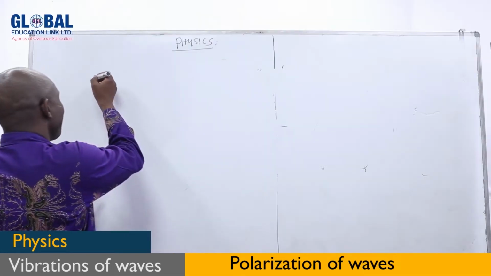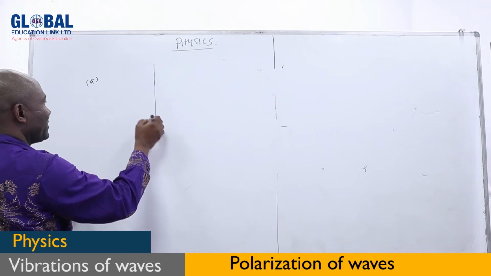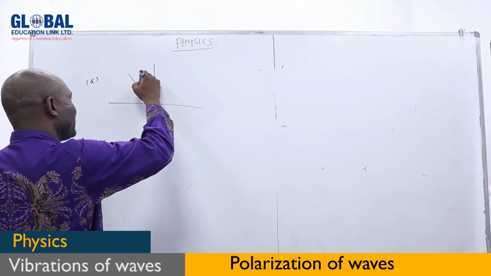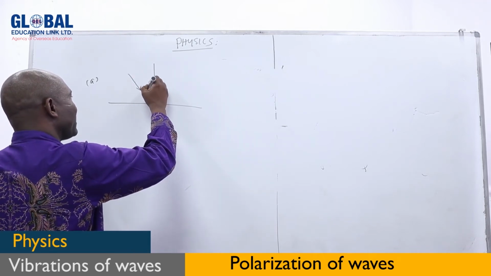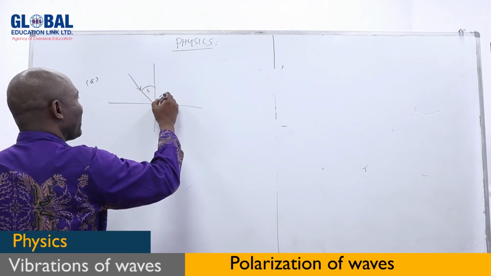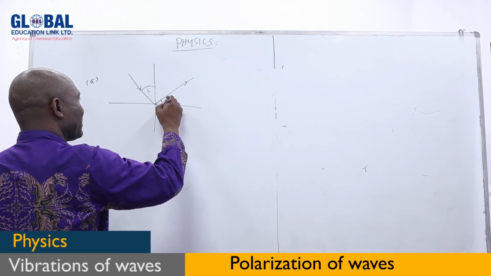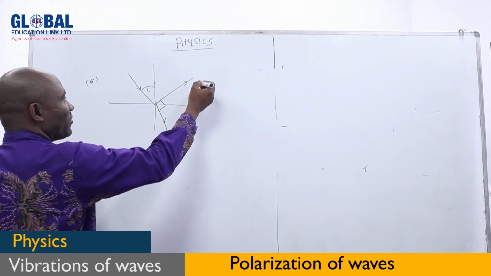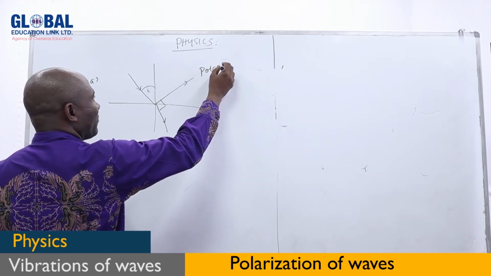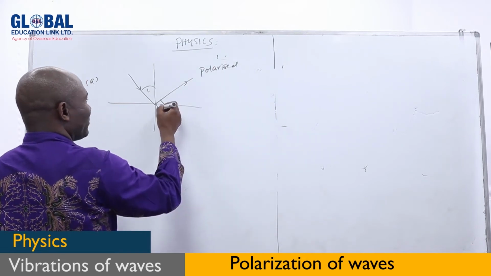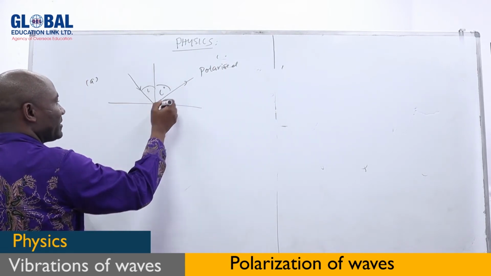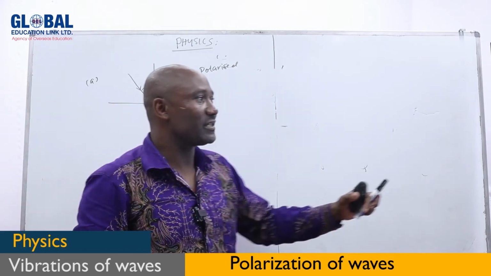We did it before. Very quickly, you can see this is the information we have: the angle of incidence increases such that this is the angle, and this is the reflected, and this is the refracted, and this is the 90 degrees. We call this now, remember, completely polarized. And what is 90 here? This angle is I, also from the law of reflection, as the question says.